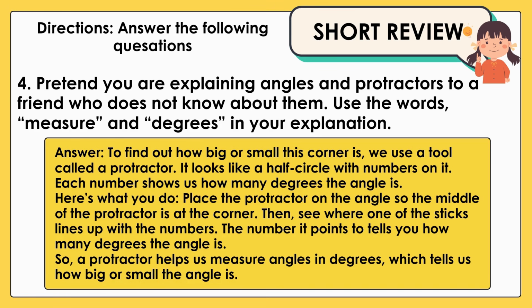Here's what you do. Place the protractor on the angle so the middle of the protractor is at the corner. Then, see where one of the sticks lines up with the numbers. The number it points to tells you how many degrees the angle is. So, a protractor helps us measure angles in degrees, which tells us how big or small the angle is.